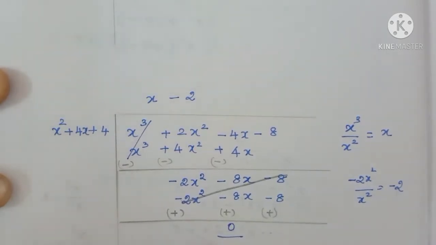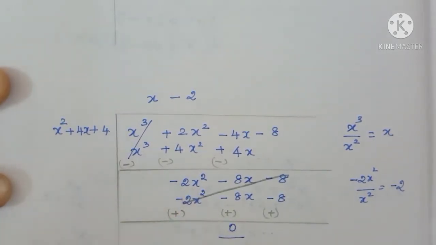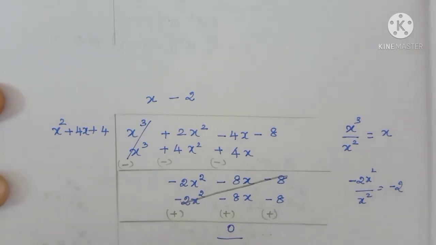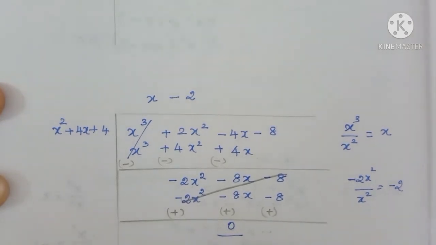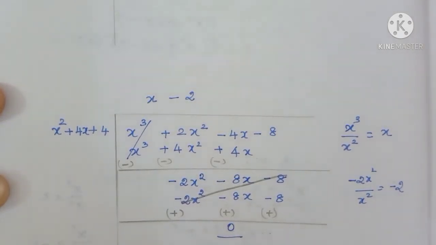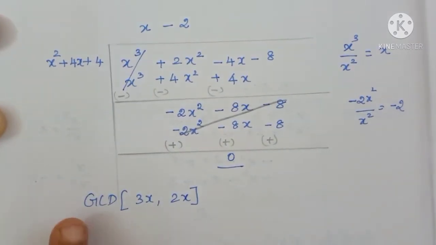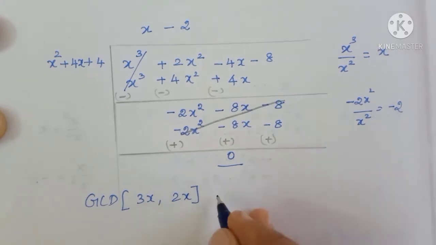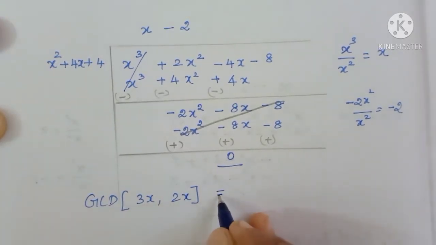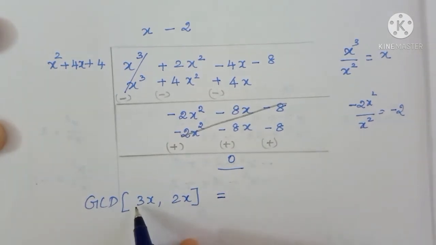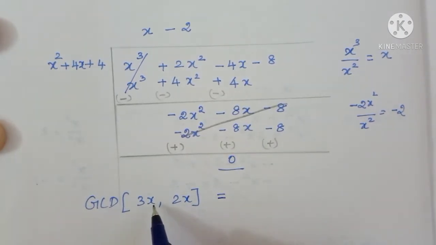So the remainder 0 has come. So we are going to take the GCD of the polynomials f of x and g of x. Before writing that step, you should write the GCD of 3x, 2x. In f of x and g of x, we had taken out a common factor. Those values we know, 3x and 2x. So GCD of 3x, 2x. But GCD, we know, is the common variables, and for numbers we consider a common number. For 3, 2 there is no common value, but the variables are common.